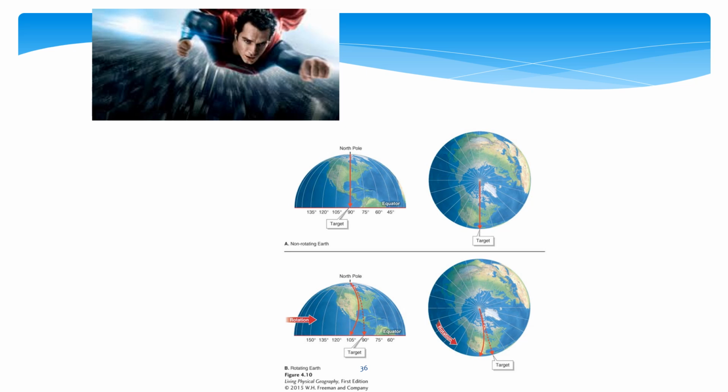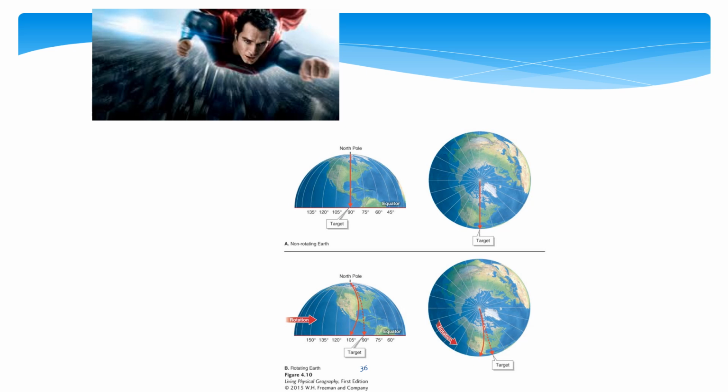So he decides to start flying from the North Pole. If the Earth were not rotating at all, Superman would fly straight and he would land in the Galapagos, and the welcome committee of iguanas would be so happy to see him.